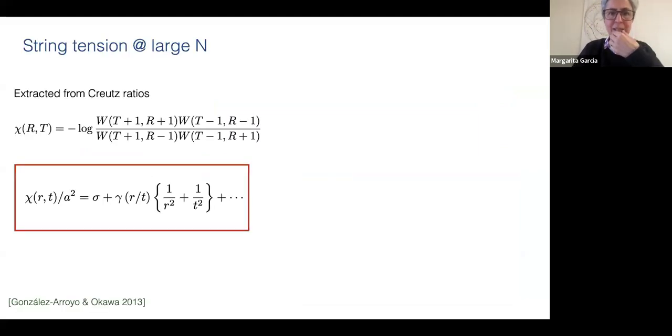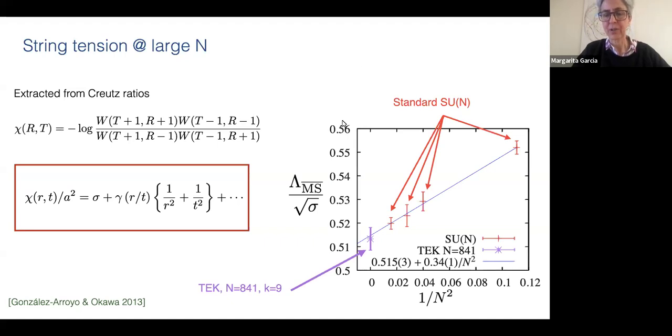So let me show you several results that have been obtained using TEK. The first one is the string tension at large n. This is not my work, but Tony and Masanori have obtained the string tension extracted from Creutz ratios. This is the lambda MS-bar in units of the string tension as a function of 1 over n squared.